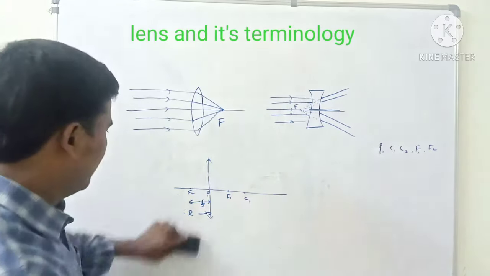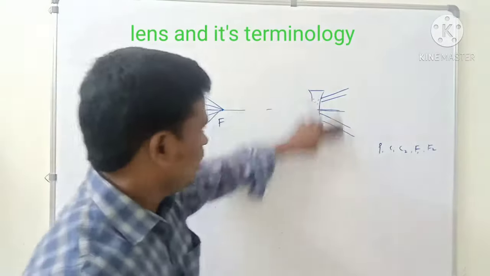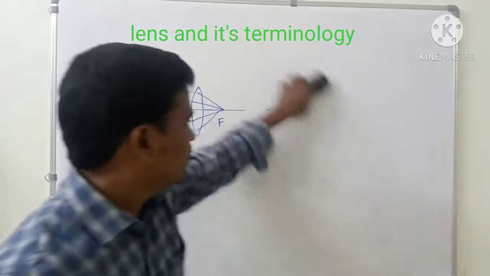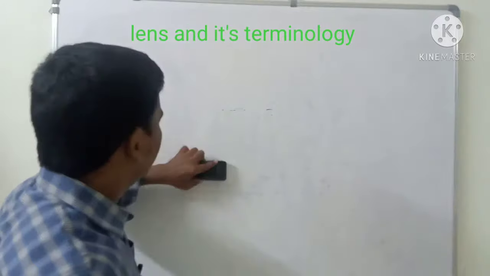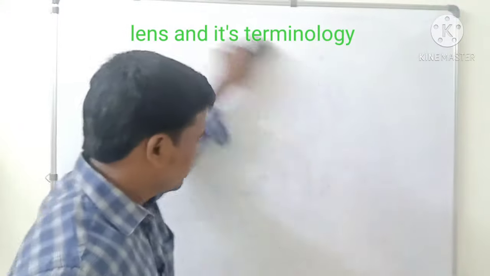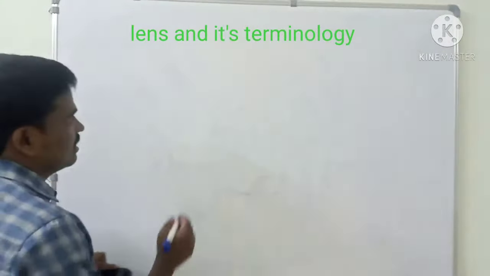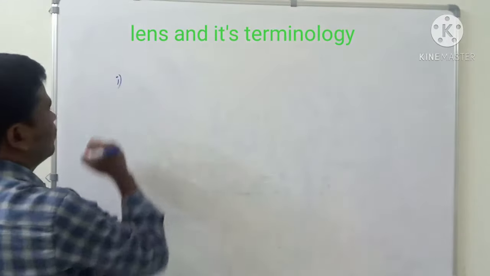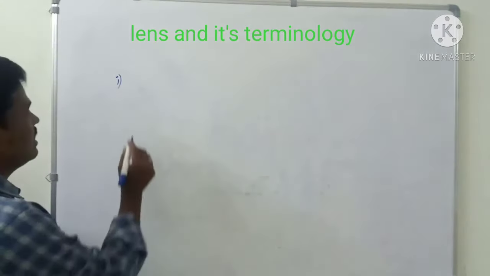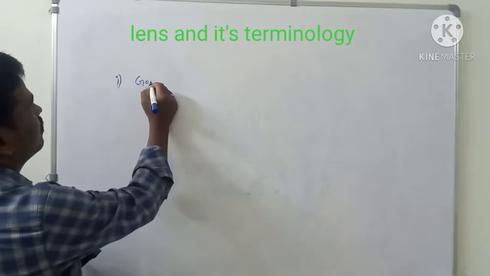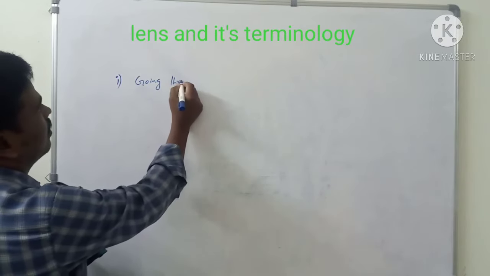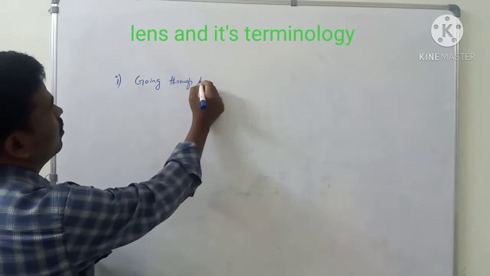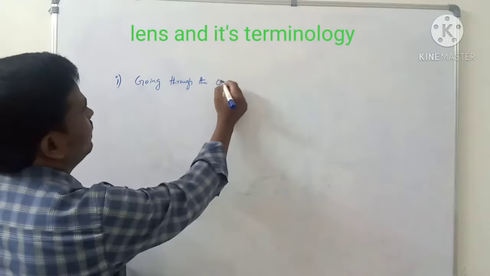Let us now see how some rays behave when they are incident on or strike the lenses. Point number 1, the first ray, is the one going through the optic center.